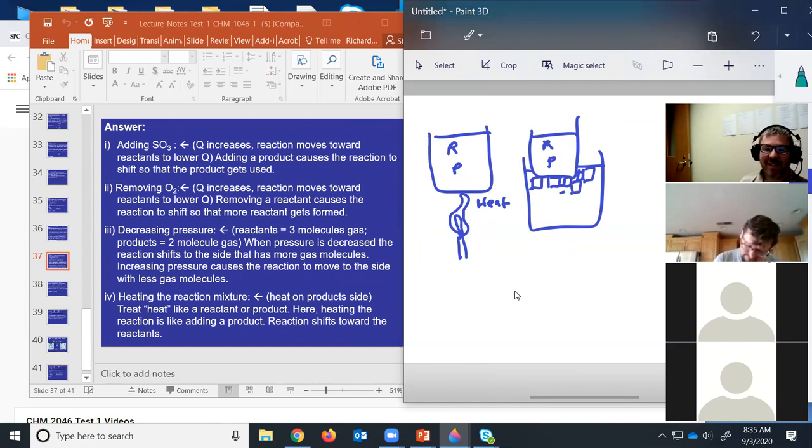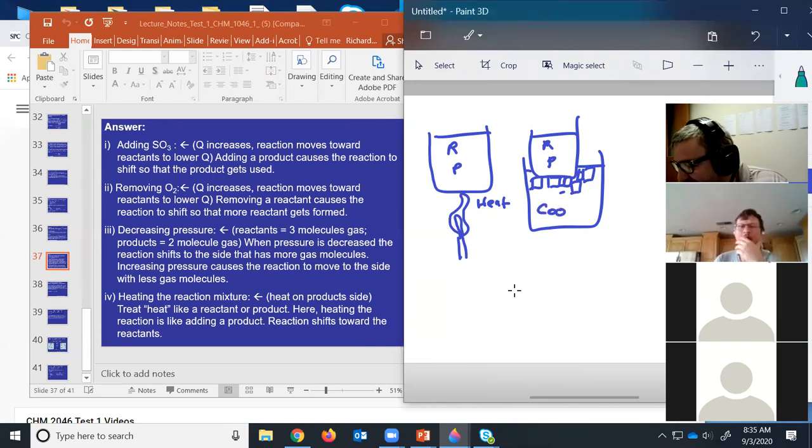Any guesses? Cooling it in ice. In ice, that's right. They're ice cubes, folks. So in one situation we're heating, in one situation we're cooling. So we've got two possible ways that the reaction could be set up.